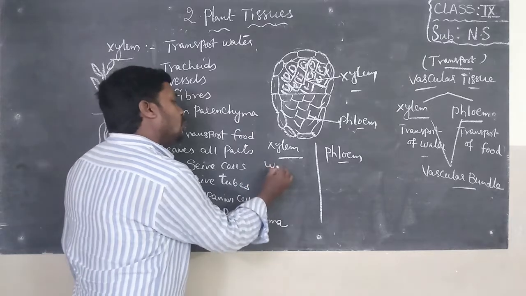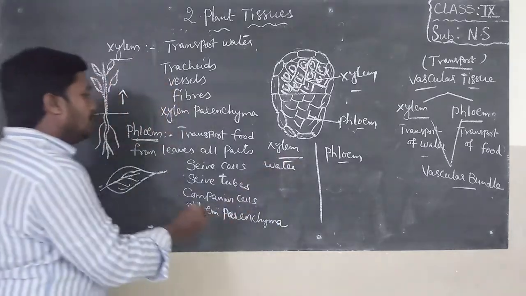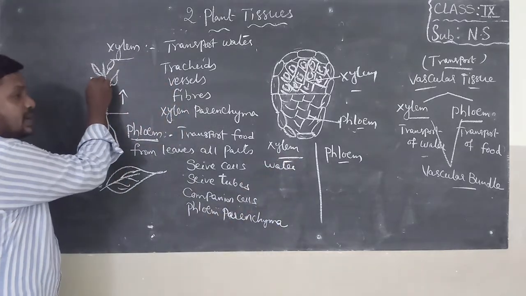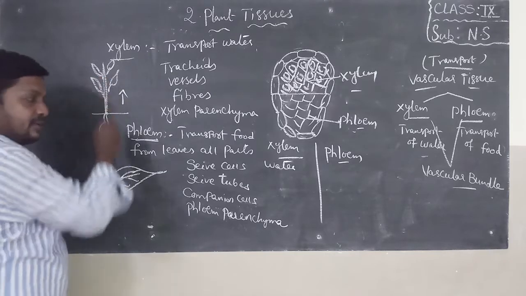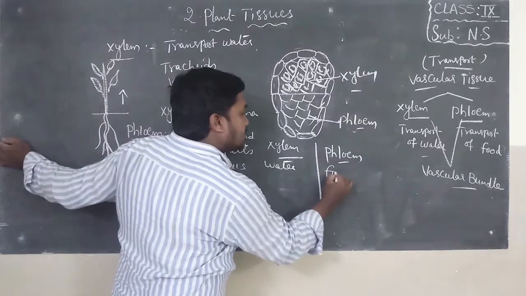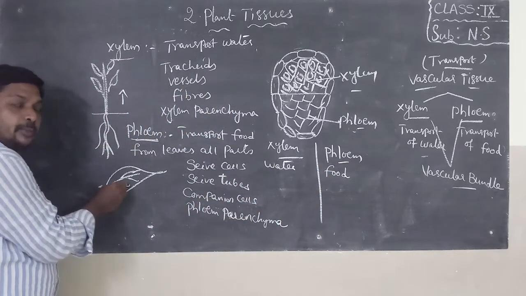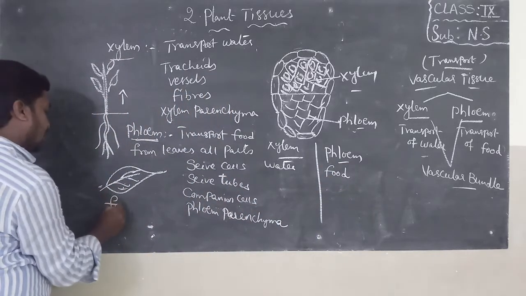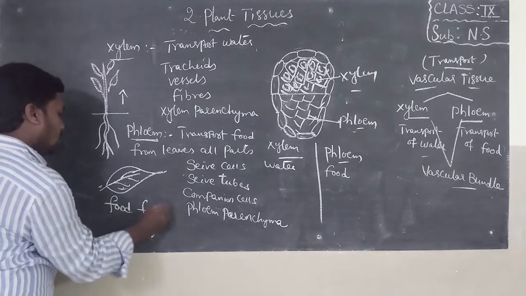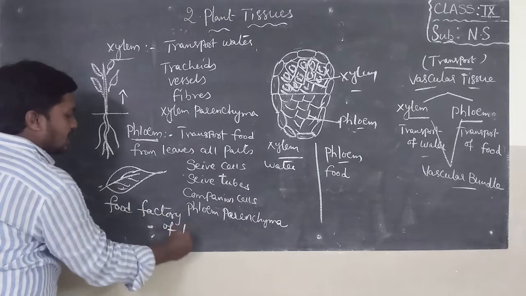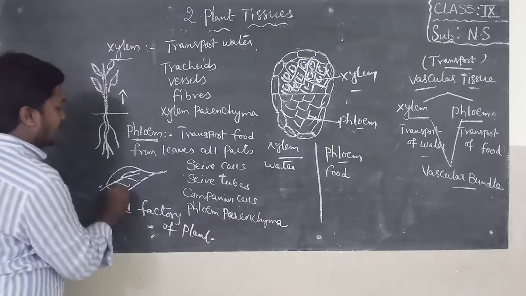Xylem transports water from roots to all parts of the plant against gravity. Phloem transports food from leaves to all parts of the plant. Leaves are known as the food factory of the plant. So food is prepared in leaves, no?